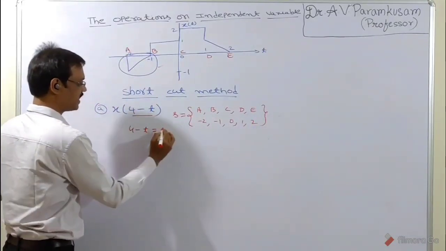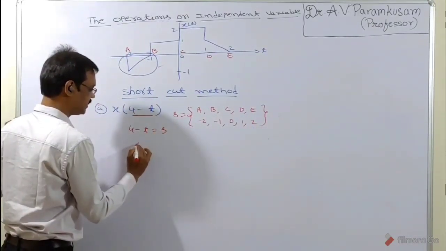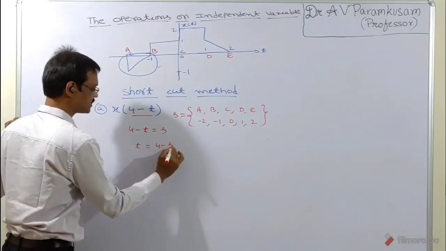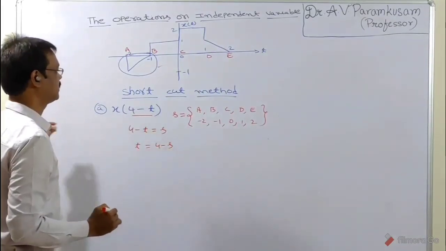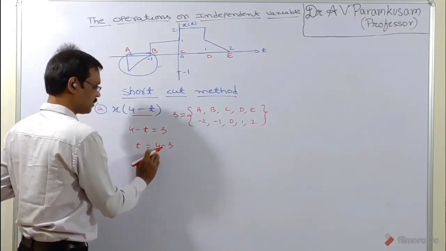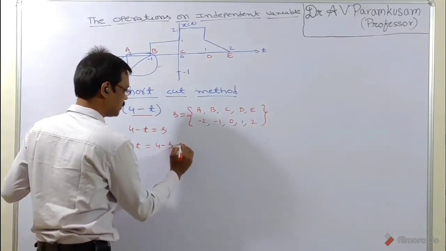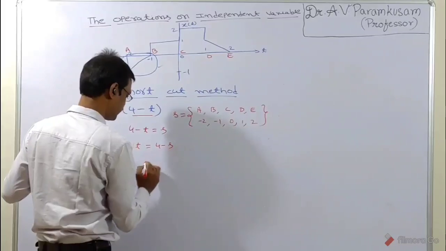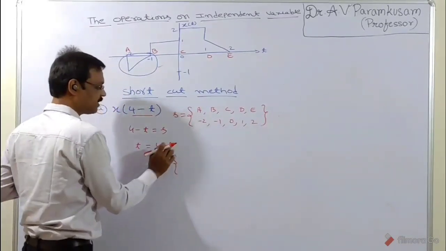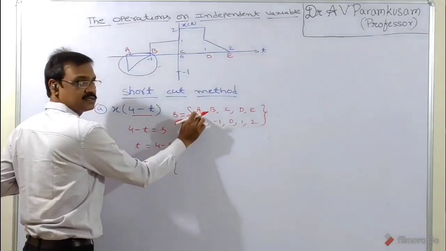Now 4 minus t is equal to s, then t is equal to 4 minus s. Then you get the points for t by substituting the values from this set.